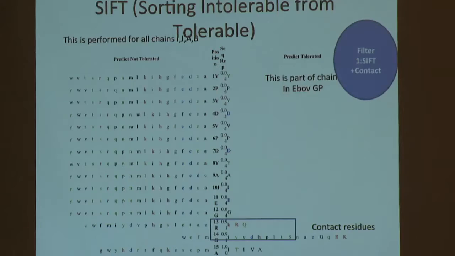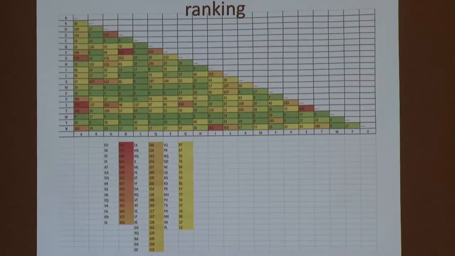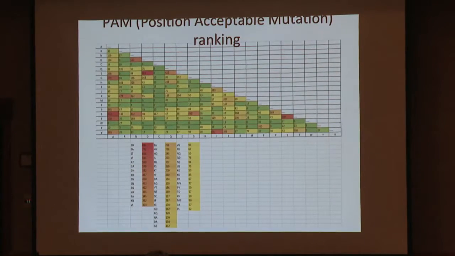This is just the output of a program called SIFT, sorting intolerable from tolerable. This is the screening step where we say there are some mutations that will screw up the structure, and therefore we're not even going to bother looking at those, because the informatics database says they're going to mess up the structure. Here's the second screening, from an enormous array of evolutionary site-directed substitutions.